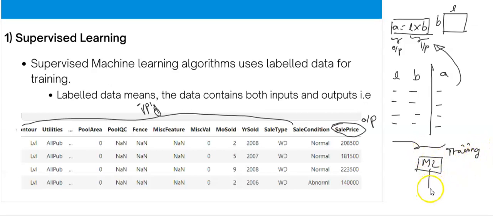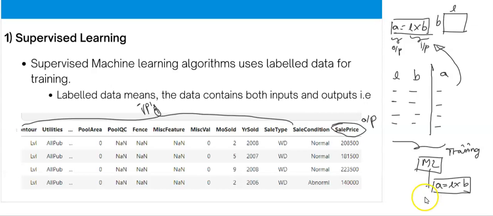So what will happen here? It will learn the equation, that is a equals l into b. Whereas in testing, this equation will be used for calculating the outputs, that is a. That is what happens in ML algorithms.